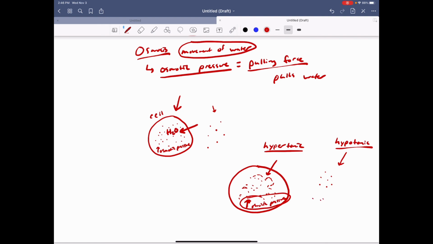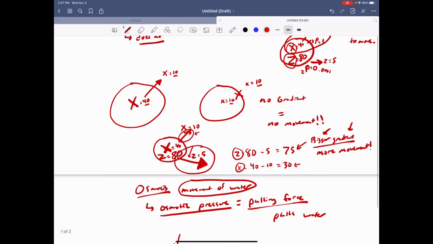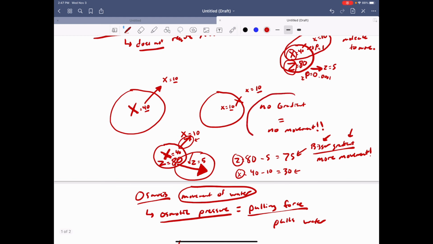And if they were even, let's just say they were even, right? Even amount of solute concentration, even amount of osmotic pressure, okay? Would there be any movement of water? No, there wouldn't be, okay? There would be no movement of the water because the gradient is the same. There is no gradient. If you go back up here, no gradient, no movement, okay?